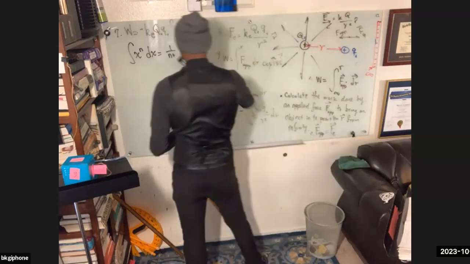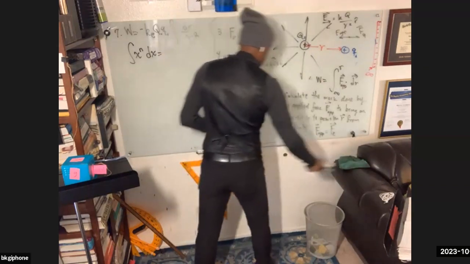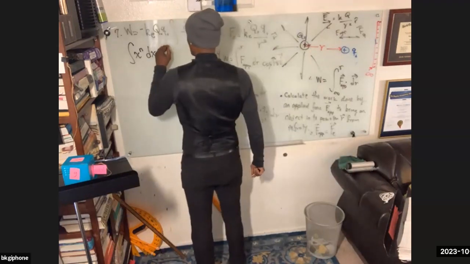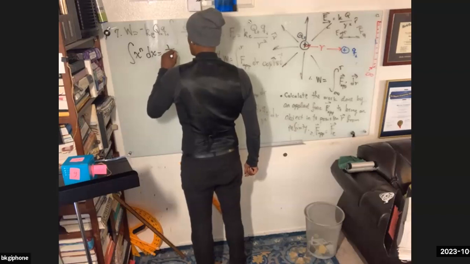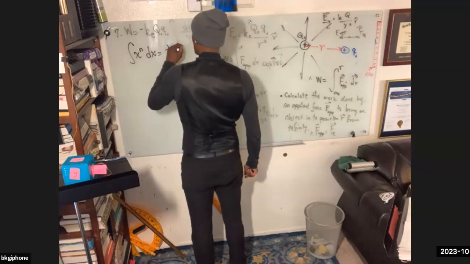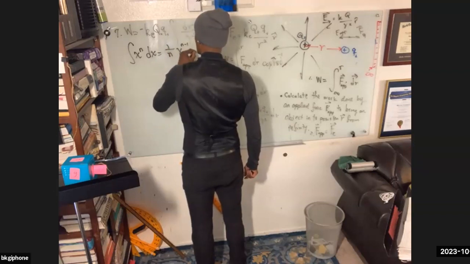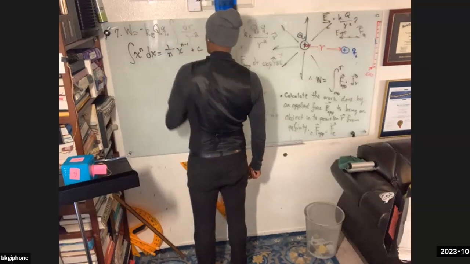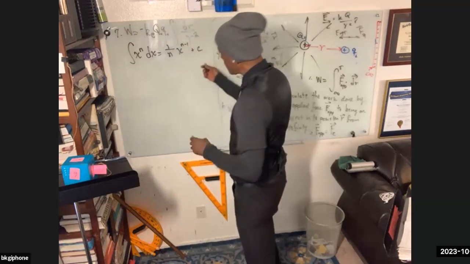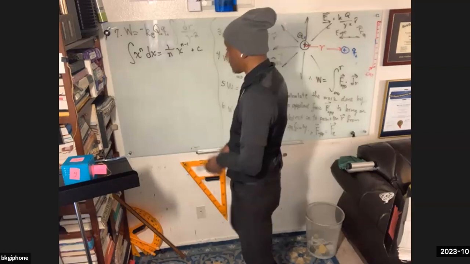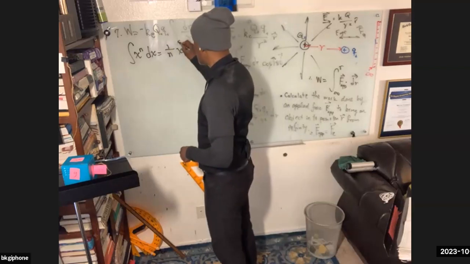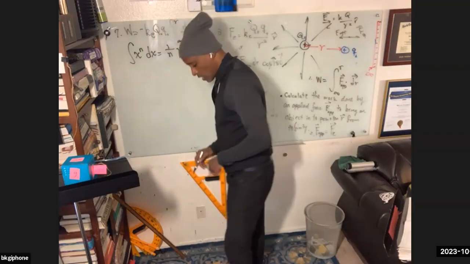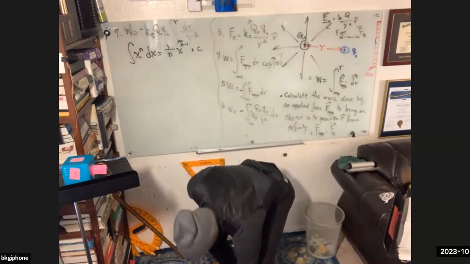Oh yeah, 1 over n plus 1, x to the n plus 1, plus a constant, for an indefinite integral. But this is a definite integral going from infinity to R, so we won't have to worry about the constant.